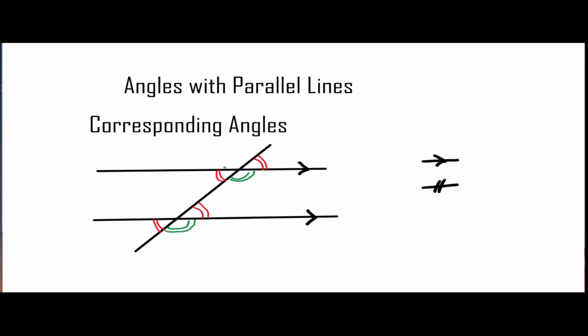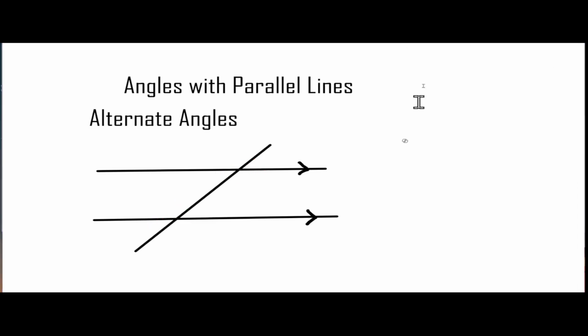And these are opposites, so this angle here must be the same as that. And this one, this angle here, of course, is corresponding to this one here, so they must be the same as well.